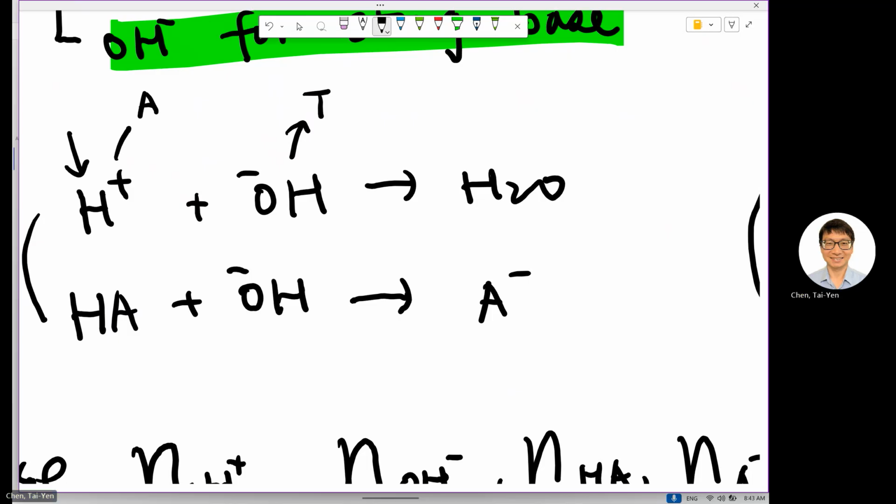Similarly, this is a weak acid titrated by a strong base. It's going to produce your A minus, plus H2O.